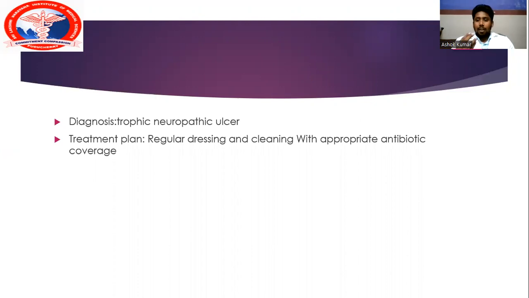There are so many topical applications, like debriding agents, autolytic agents to lyse the slough, and all the sloughs will be eliminated from the wound. And there are topical applications like the placenta gel to improve the granulation tissue formation.